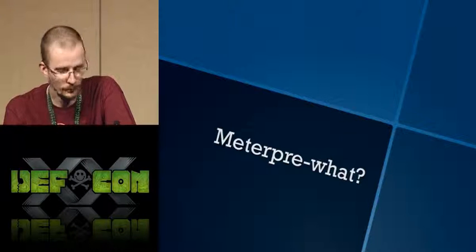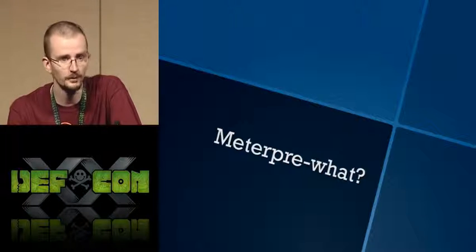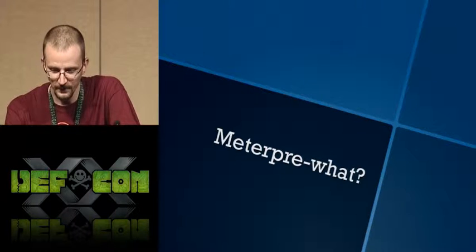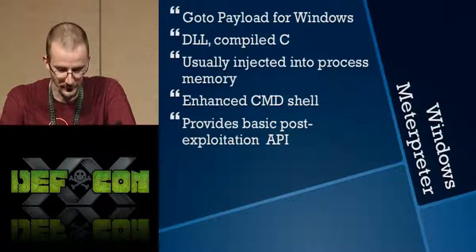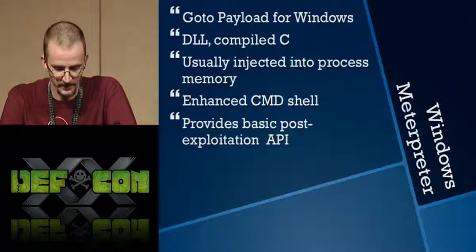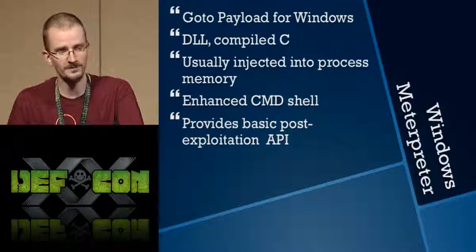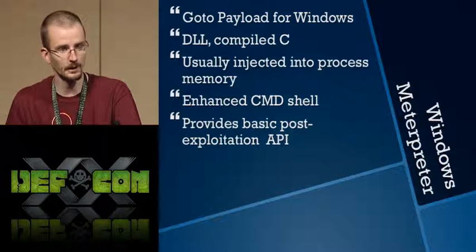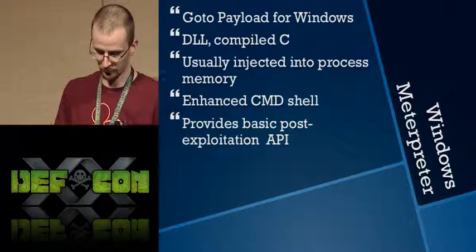For those of you who don't know what Meterpreter is, it is sort of the default go-to payload now for Metasploit. It is a compiled C DLL that most of our exploits inject into memory via a stager. It provides an enhanced command shell, but what's really important is that it provides a standard API that module developers can code to.